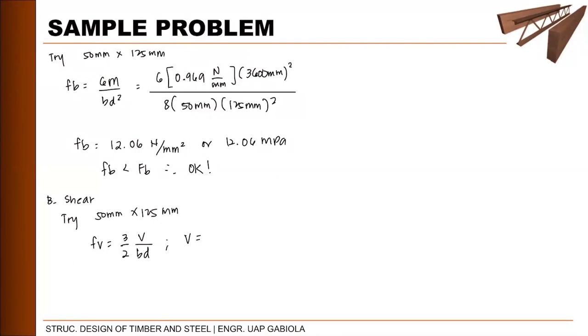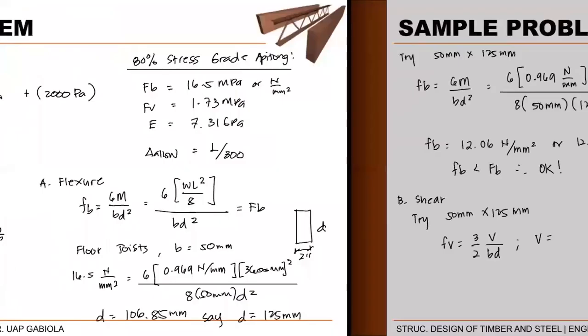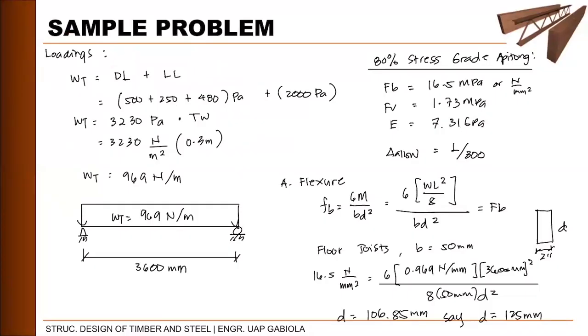Magiging value ni V mula dito sa ating uniformly distributed load is kung ano yung magiging value ng support natin. Equal po yan sa W times L. So para suportahan ng support yan, we should have WL over 2 as our maximum shear para dito sa buong beam natin.